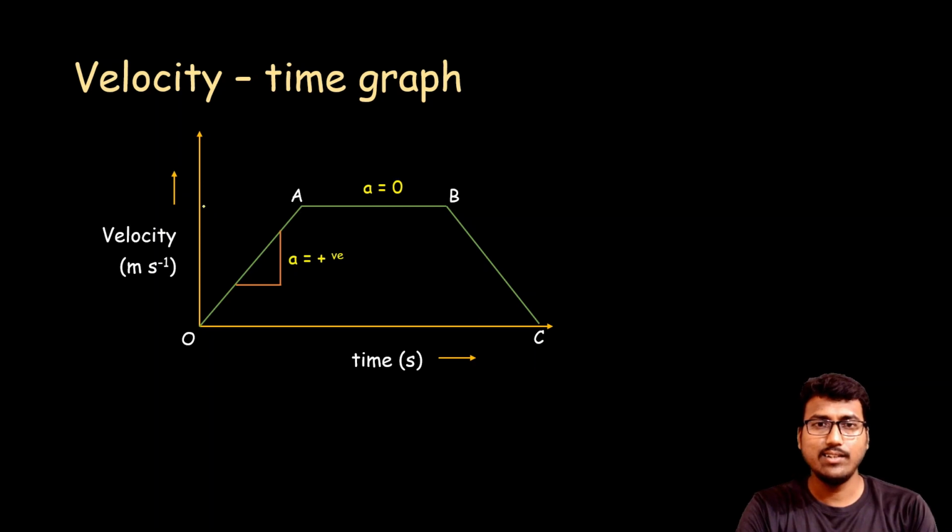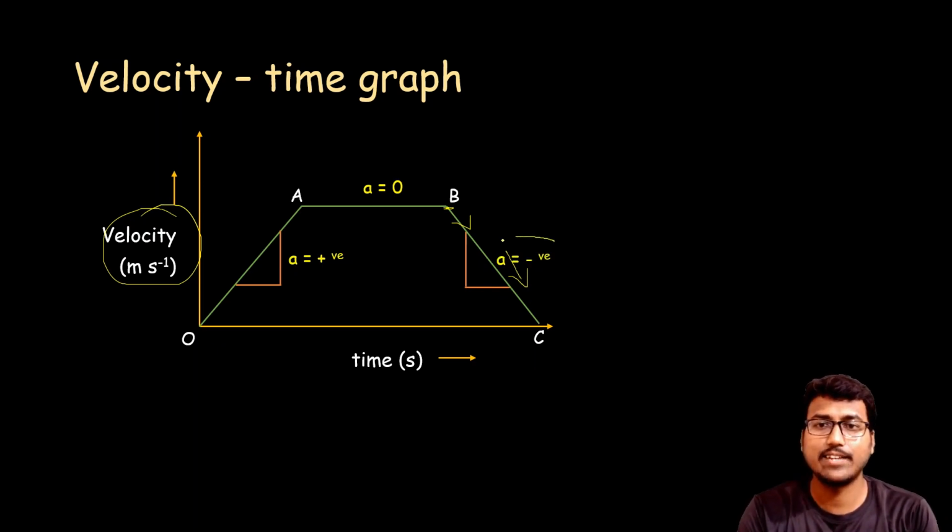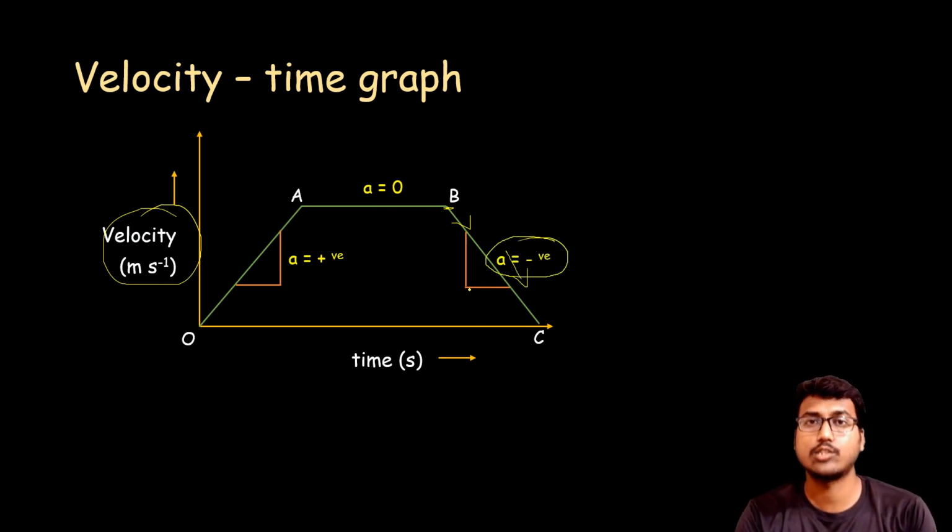You can see here, velocity is decreasing. Initially, it will be having more at B. When it is coming downward, automatically the velocity is decreasing. Y-axis is velocity, right? It is decreasing. So then what will be the slope? Slope is the acceleration as well. Is it positive or negative? It is negative. You're going to have a negative slope. Hope you have got it.